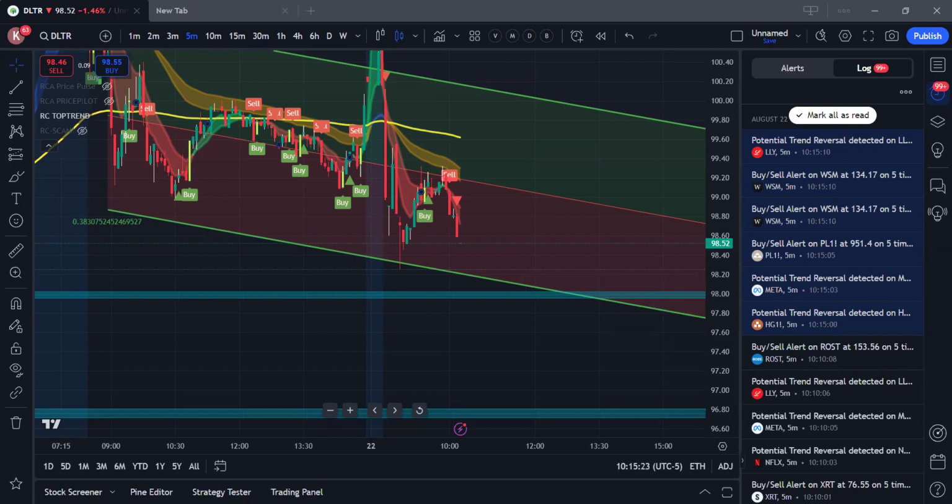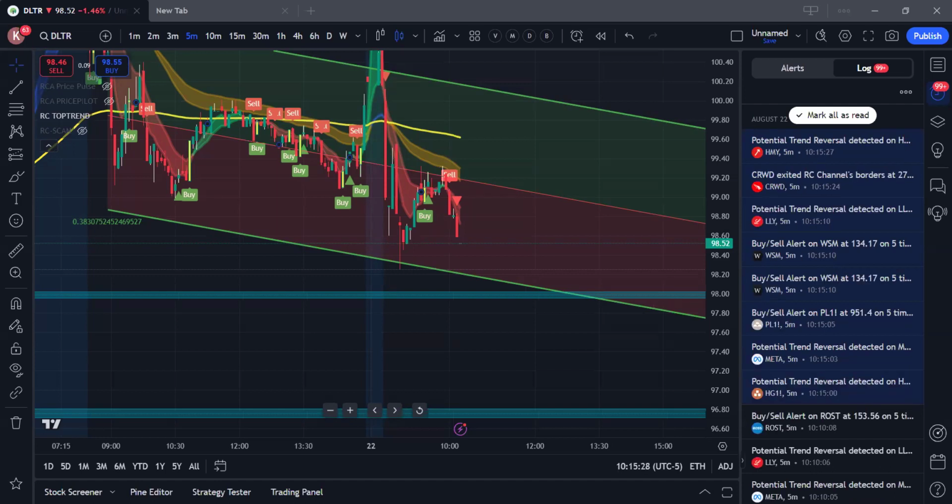Dollar Tree 100 puts at 1.7 for August 23rd.